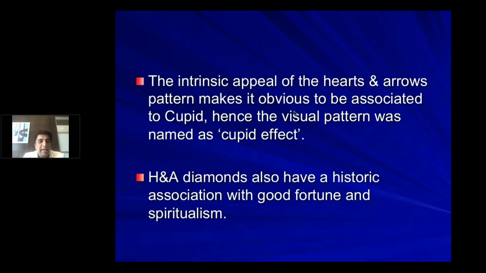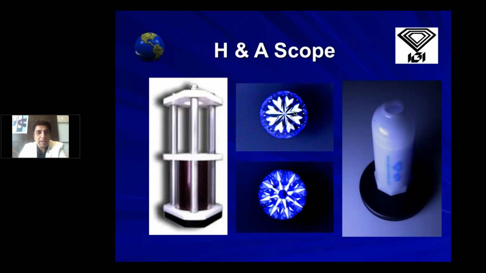And also, not to forget that diamond is a symbol of love, and it shows hearts and arrows, the symbol of love. This effect is also known as the Cupid effect. So that's a little bit about the hearts and arrows history and what we notice in the hearts.